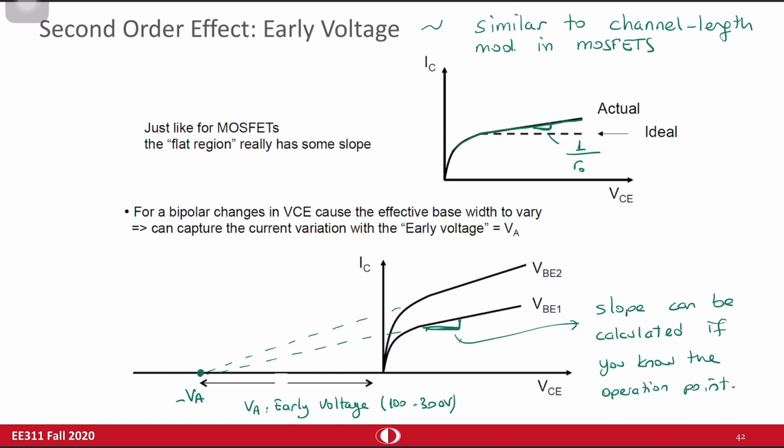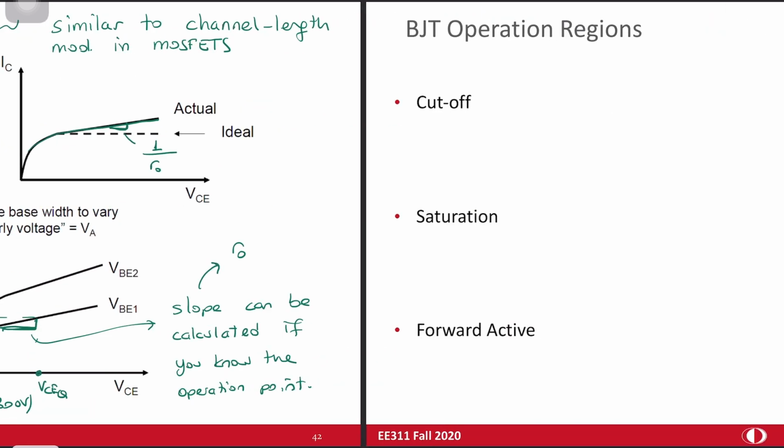So if you know, let's say, VCEQ, the quiescent point, and if you know ICQ, then you can find the slope. In other words, you can find the output resistance of the bipolar transistor. I will discuss this later on, but just keep in mind, it's quite similar to a MOSFET.